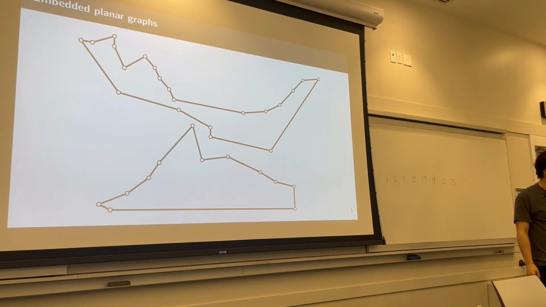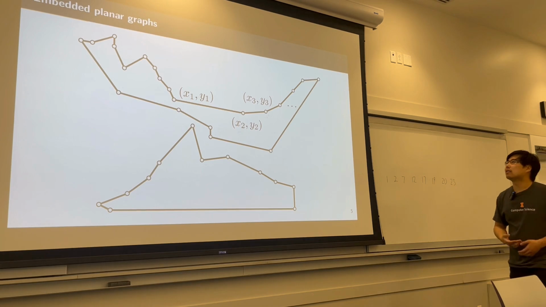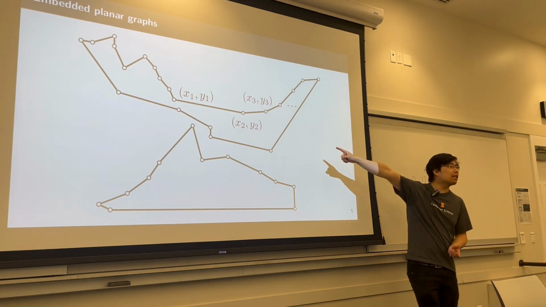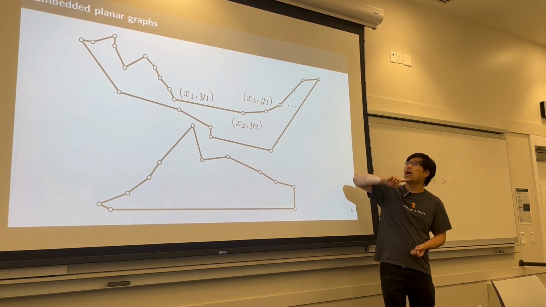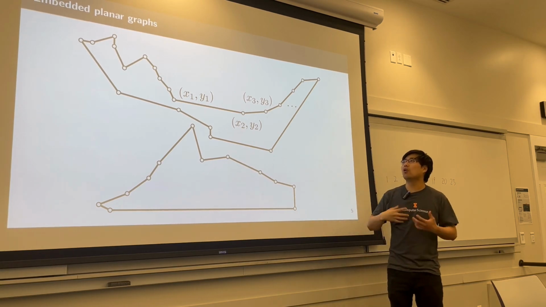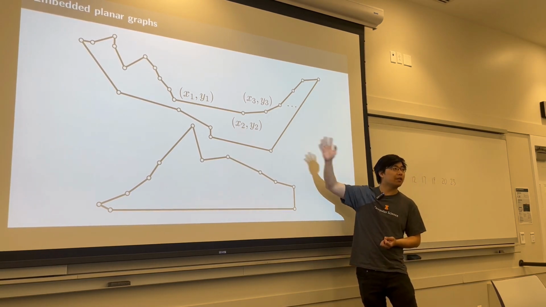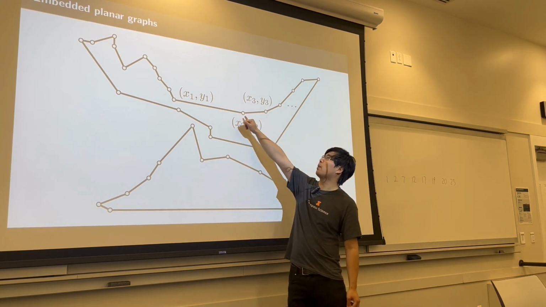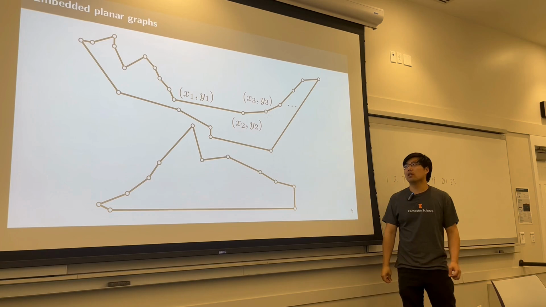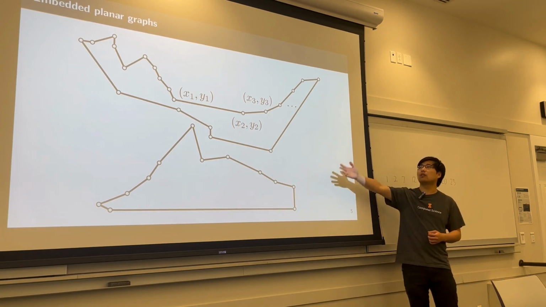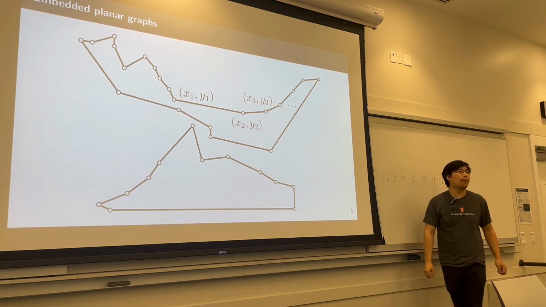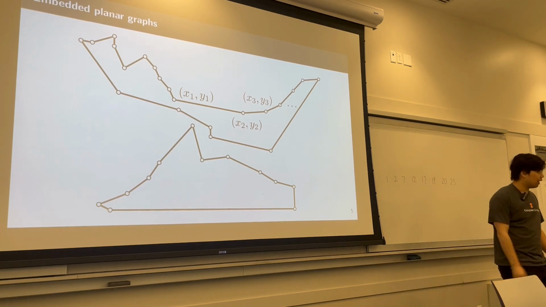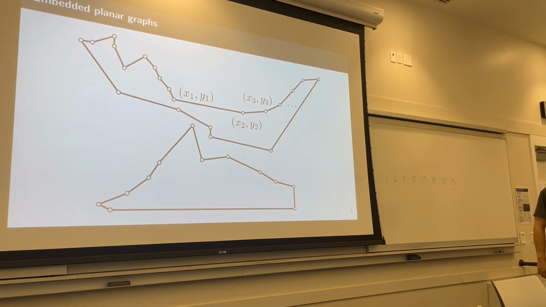And what I mean by embedded is we are given explicit coordinates on every endpoint, and we're also told that the drawing of the graph in the plane, if you connect all the edges by connecting the explicit coordinates, will result in a straight line drawing such that no two edges cross. If you want, you could generalize this a bit further, but for simplicity, this is what I'll stick with.